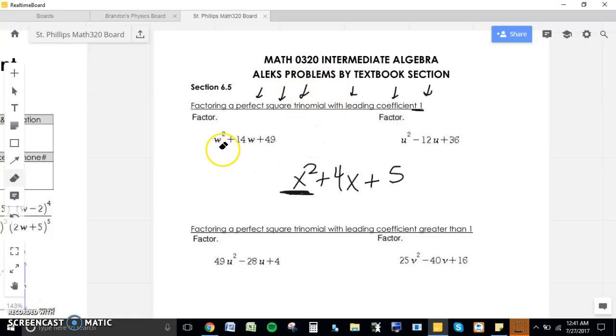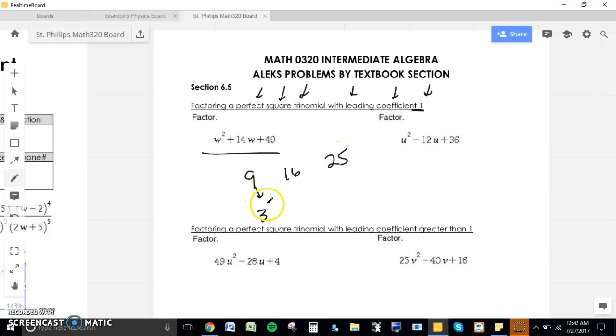So perfect, and you notice here just w squared, u squared, right? Leading coefficient of 1. Now, a perfect square trinomial means that this guy here is actually what's known as a perfect square. For example, we know some perfect squares like 9, 16, 25, right? 9 is 3 squared. 16 is 4 squared. 25 is 5 squared.